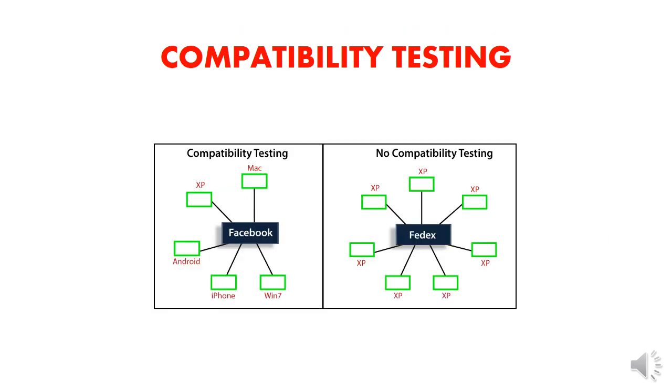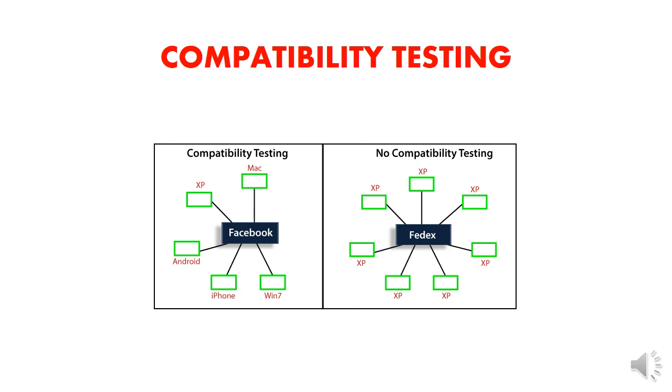So compatibility testing, diagrammatically we'll see how it looks when we do the compatibility testing, and what it looks like when we are not checking the compatibility. So in the figure you have two different diagrams. For Facebook, whatever may be the operating system, whatever may be the configuration, whatever may be the hardware you're using, it will be working fine.